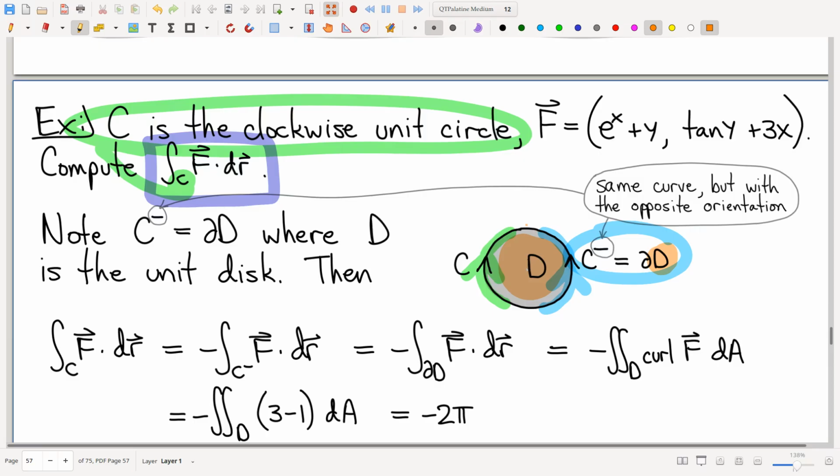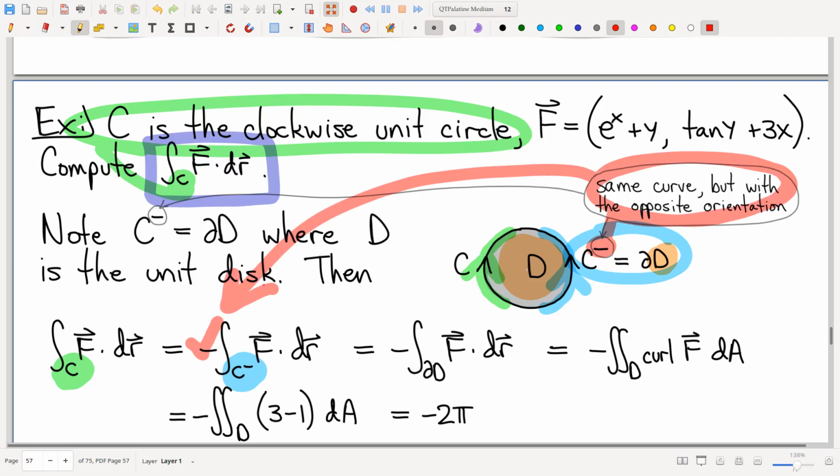And so that's the big observation here. We were asked about the integral over C. We are instead going to compute the integral over C minus, by inserting a minus sign in recognition of the orientation switch. C minus, as we just observed, is a boundary.